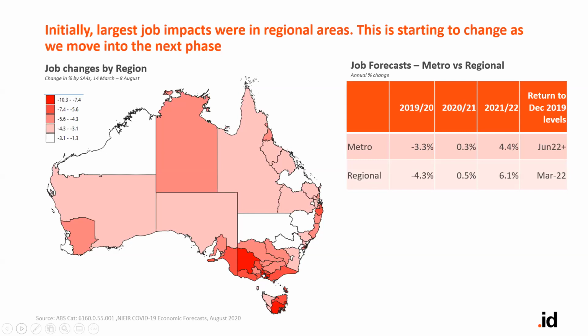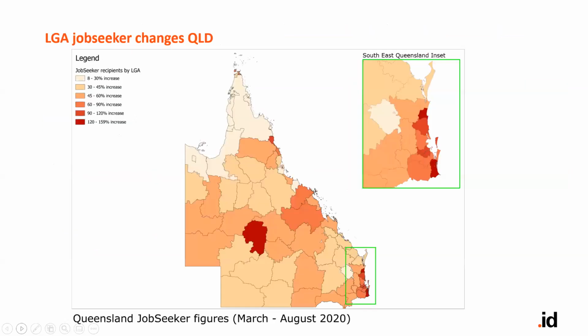And you can see here, this is our job changes by region. And you can see the deep dark red areas where there's been a significant change in people accessing JobSeeker, in our border localities, particularly between New South Wales and Victoria, as well as our tourist destinations up in North Queensland.